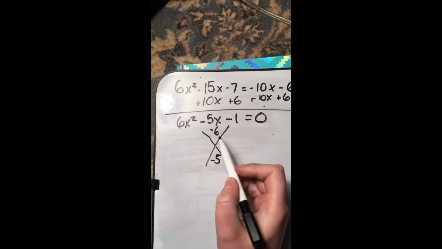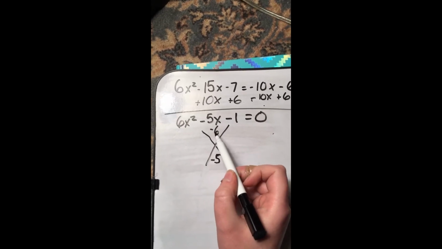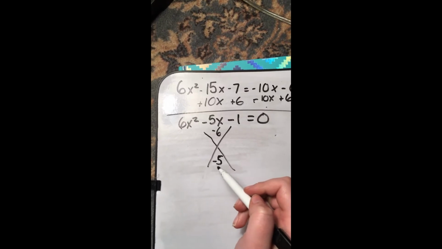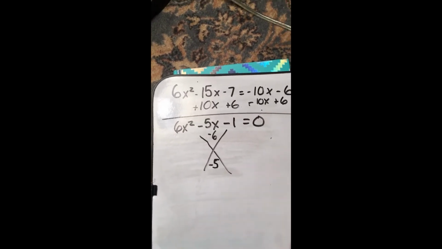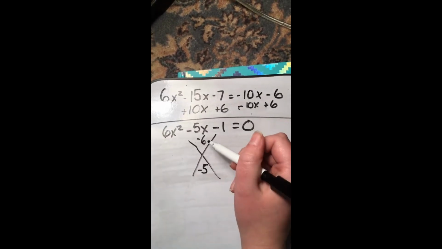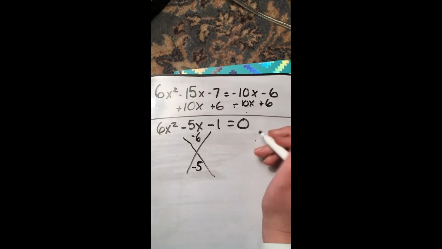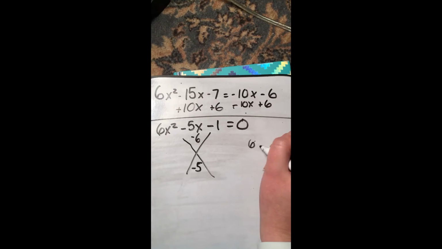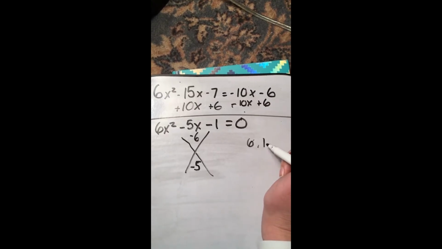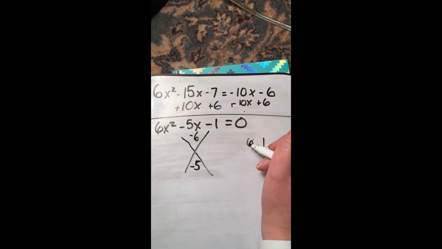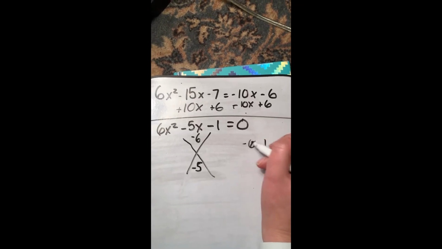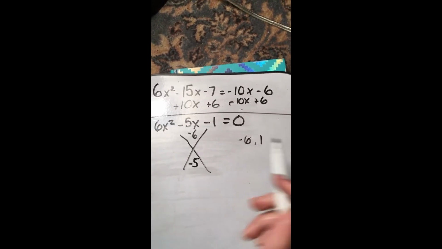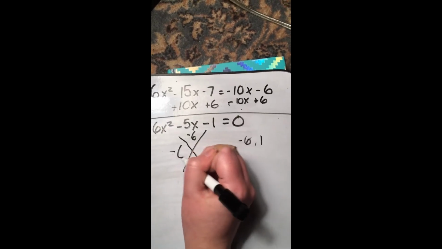So we need something that when you multiply together, it's going to equal negative 6, but when you add them together, it's going to equal negative 5. Alright, so let's think about all the factors of negative 6. We have 6 and 1. Alright, well, negative 6 times positive 1 is negative 6. Negative 6 plus 1 is negative 5. Awesome.